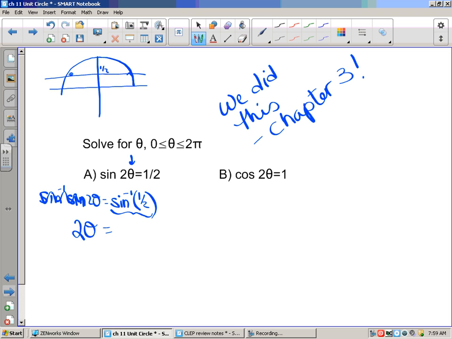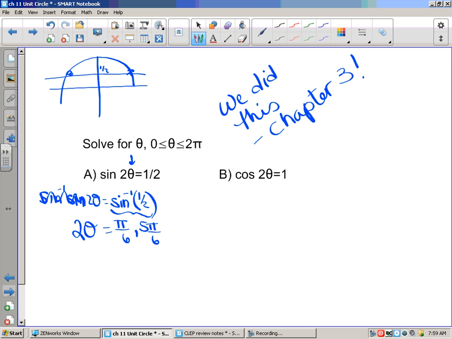Because you're thinking of that unit circle. There should be 2 spots to where it equals 1/2. Should be kind of obvious to you. And so we should get pi over 6, right? And 5 pi over 6. Those are the 2 that we have. Make sense? Now, what we would do here then is to solve for 2 theta, we would then divide by 2.